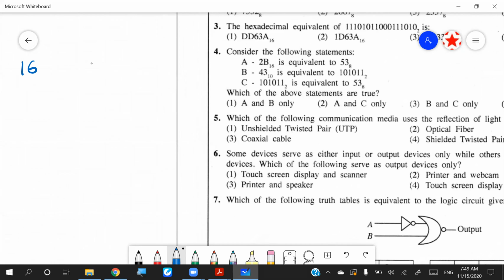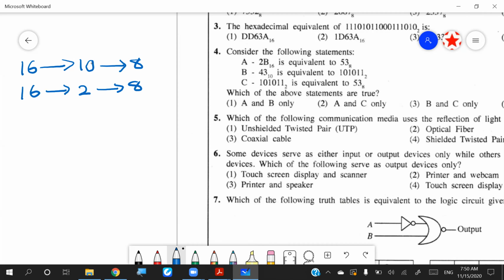We can't directly convert the hexadecimal into the octal. So what are the ways that we have? We can convert the hexadecimal into decimal, then convert it to octal. Or else we convert hexadecimal into binary and then convert that into octal, right? Either of the paths will say whether it is correct or wrong.